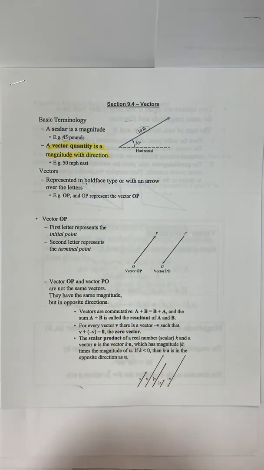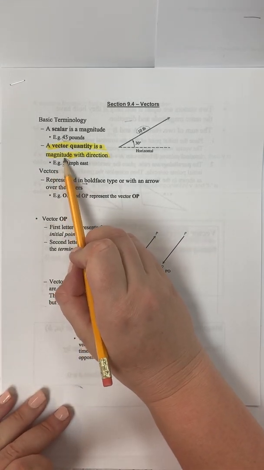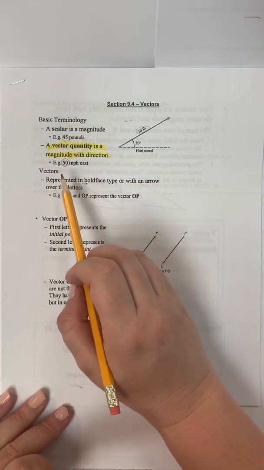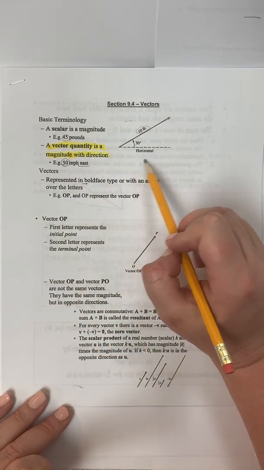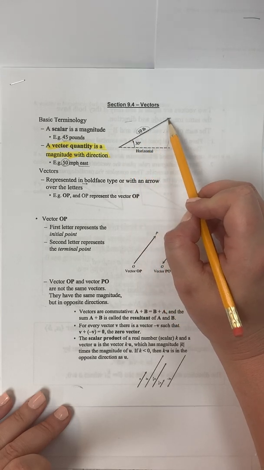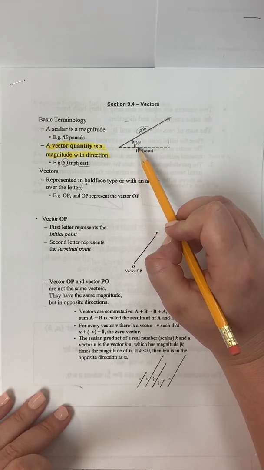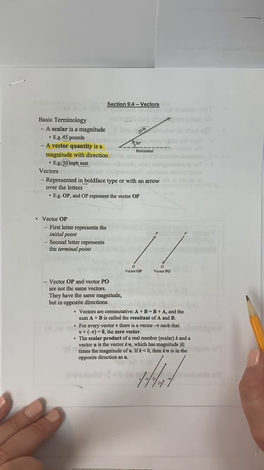So that's a My Math Lab question. For example, it has an amount or a magnitude and a direction. This would be a vector because you have an amount and a direction. Sometimes your direction is just your theta, just your angle, okay?